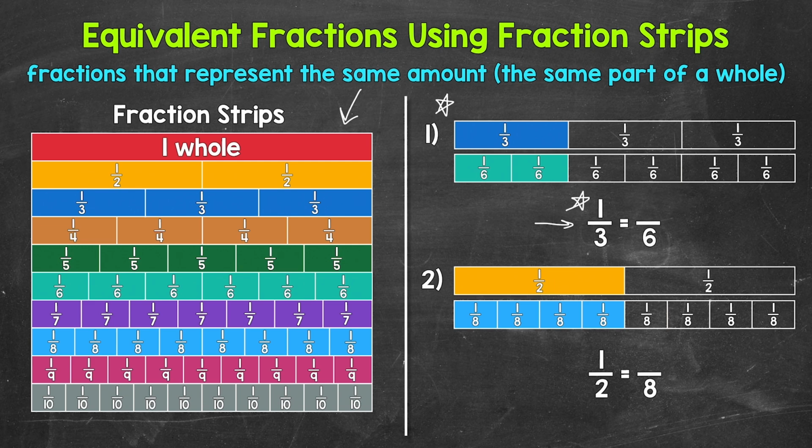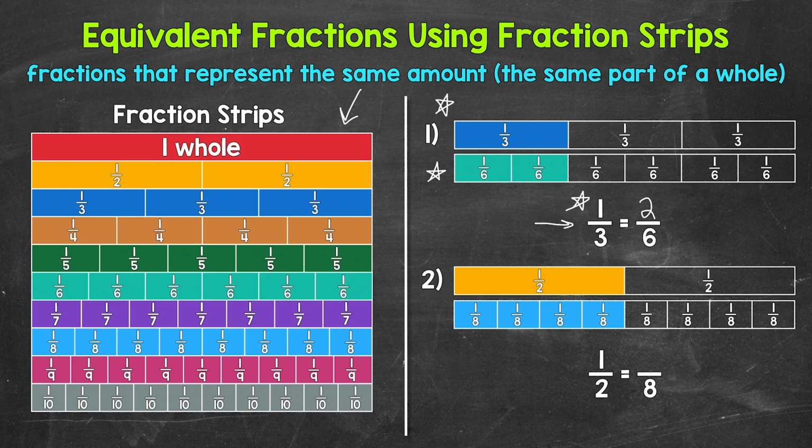For the fraction strip underneath, the whole rectangle has been divided into 6 equal parts. Each part is 1/6 of the whole. Now, two of the parts are shaded in, so this fraction strip is showing 2/6.